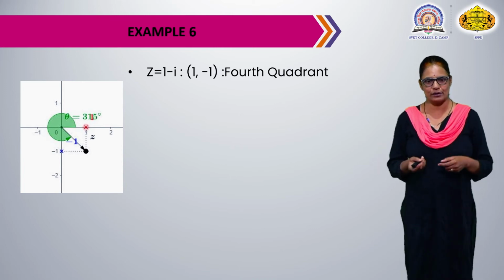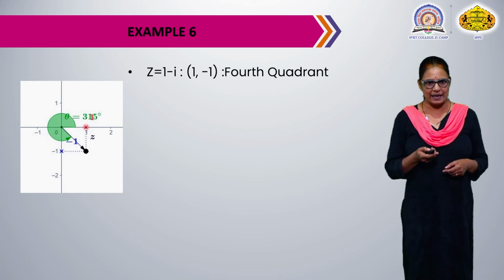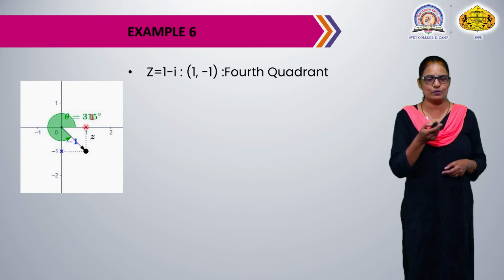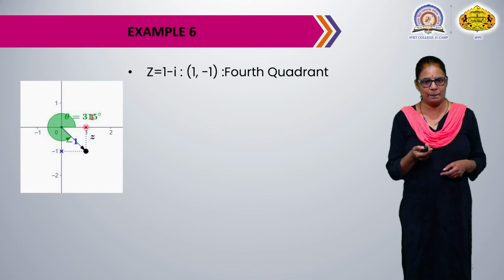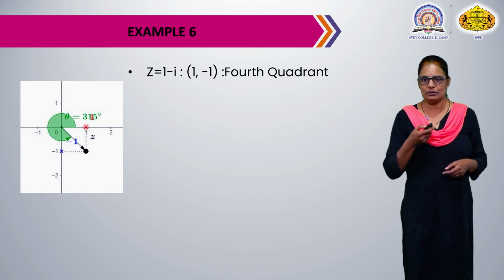We consider here the acute angle. See in the diagram, if you measure the angle from the positive real axis to the radius vector, it is 315 degrees. But it is not the principal argument.